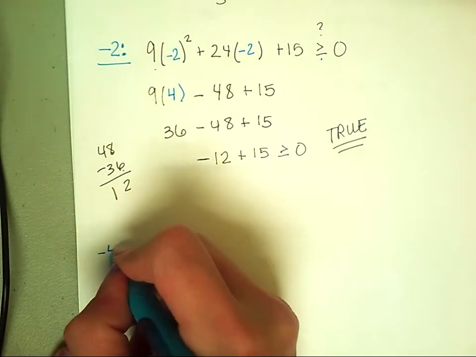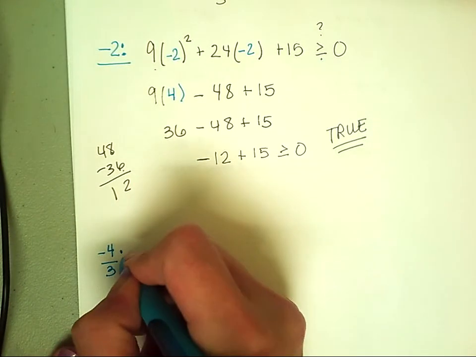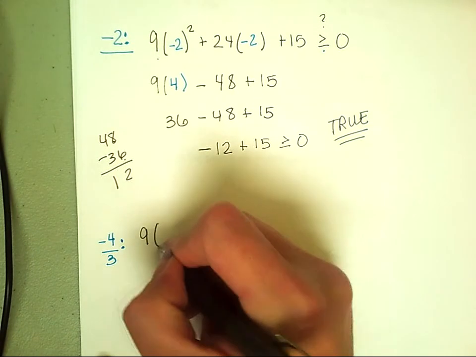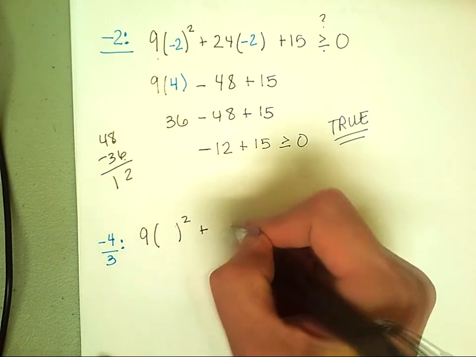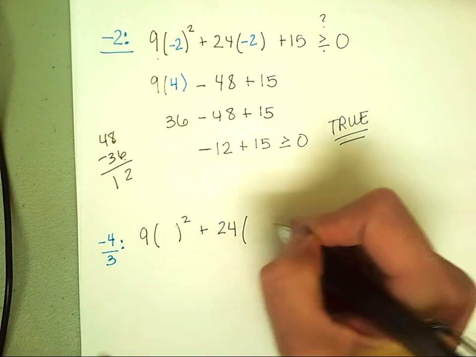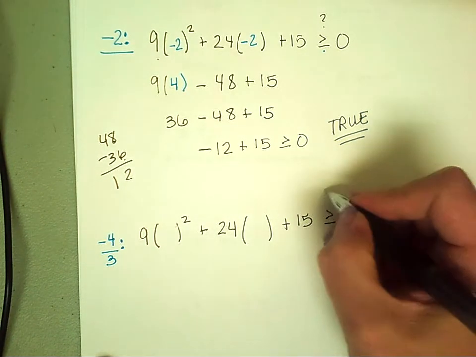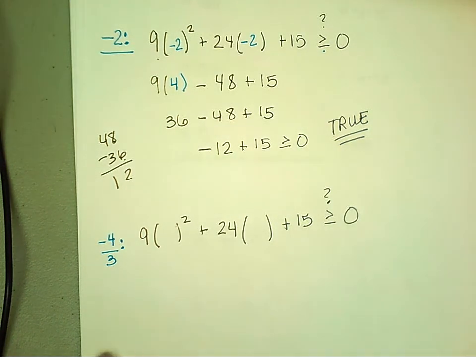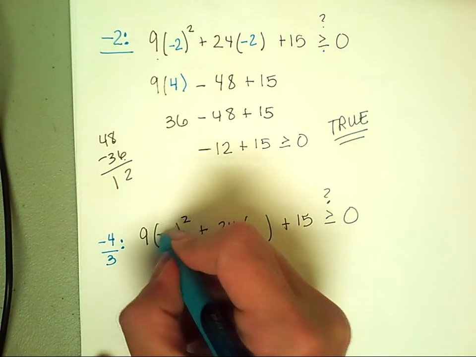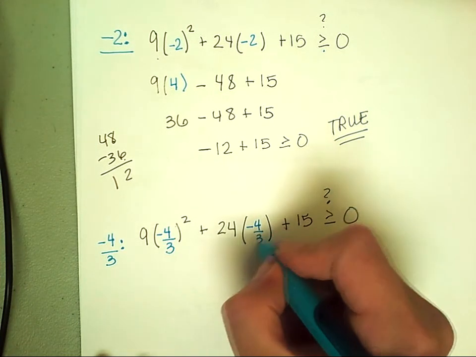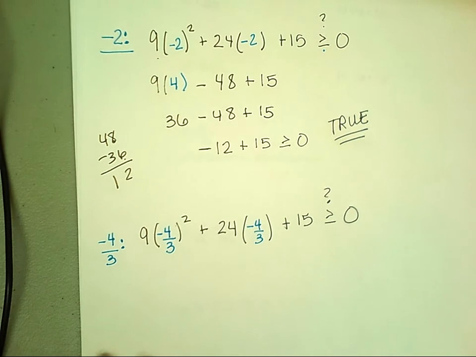Now, let's look at negative 4/3. Again, our form is 9 times something squared plus 24 times something plus 15. Is that greater than or equal to 0? So we'll put in negative 4/3.